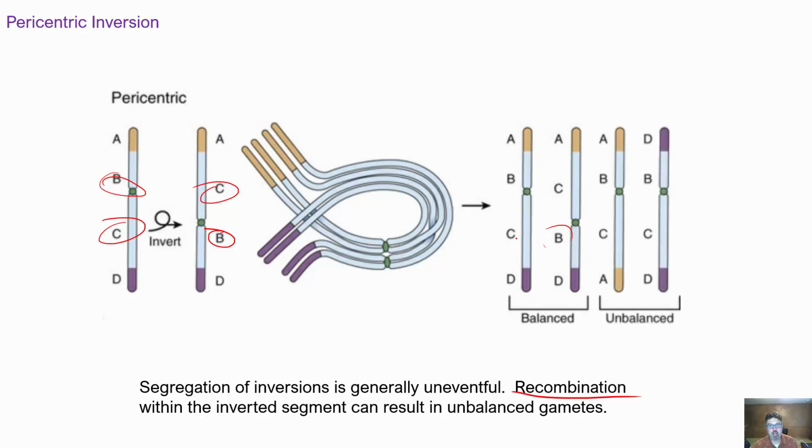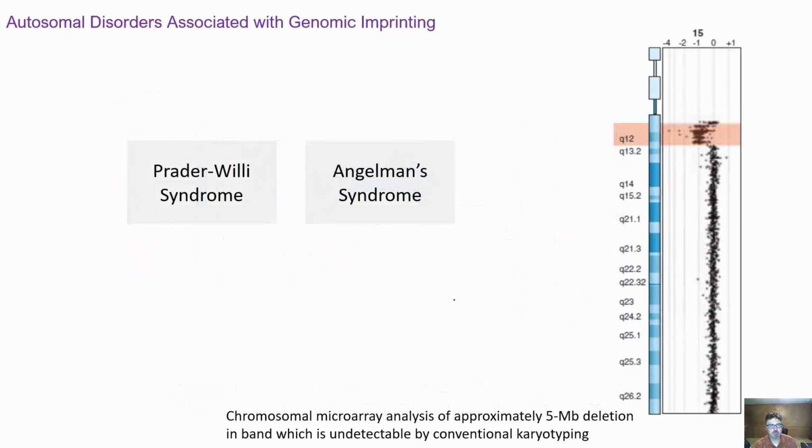But once again, guys, we could have an unbalanced, because now this chromosome has 2 copies of the A gene, and this chromosome over here has 2 copies of the D gene. So the loci have fused onto the same chromosome. I keep saying genes. So once again, that can either be balanced or unbalanced with that recombination event after you get the inversion.